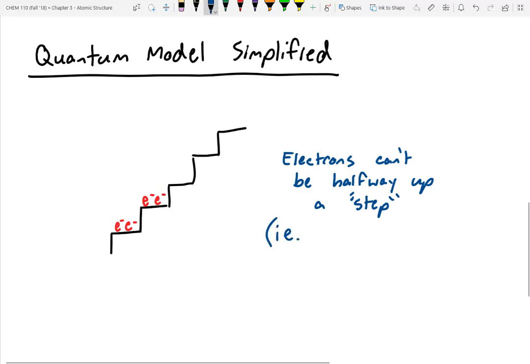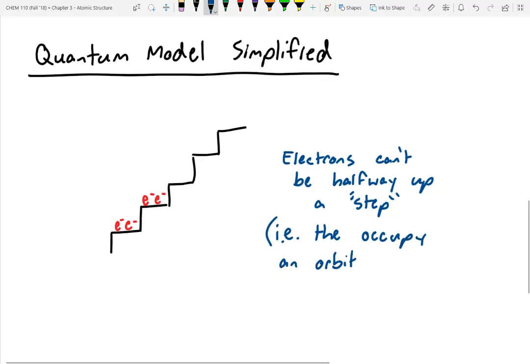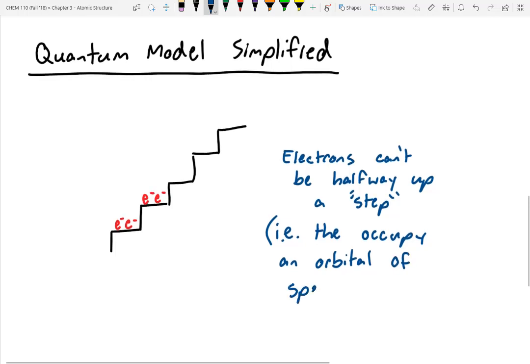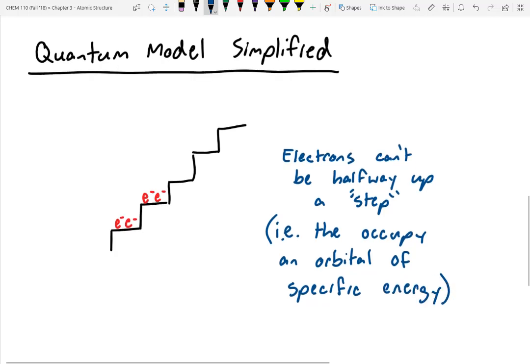That is to say, they occupy an orbital of specific energy. It's not this continuum where you could be halfway in between energy levels.